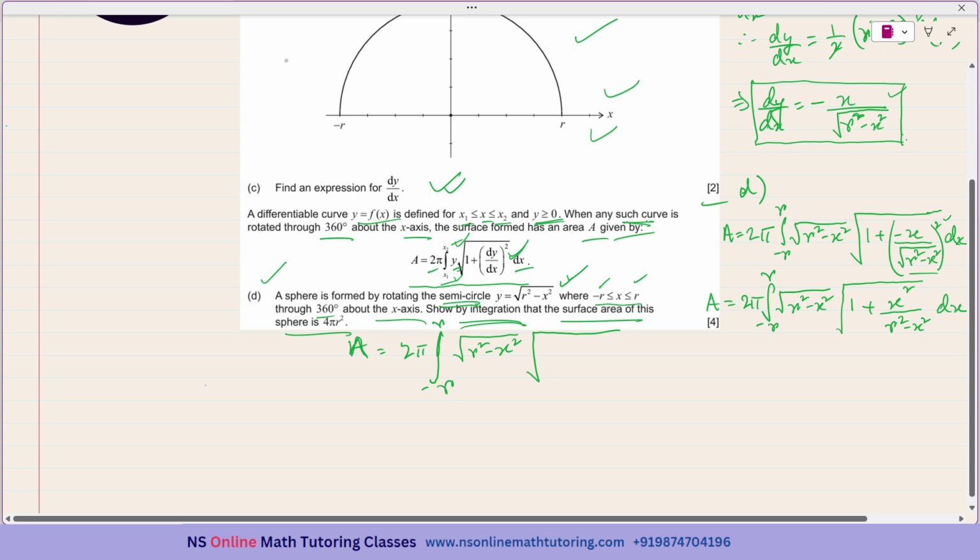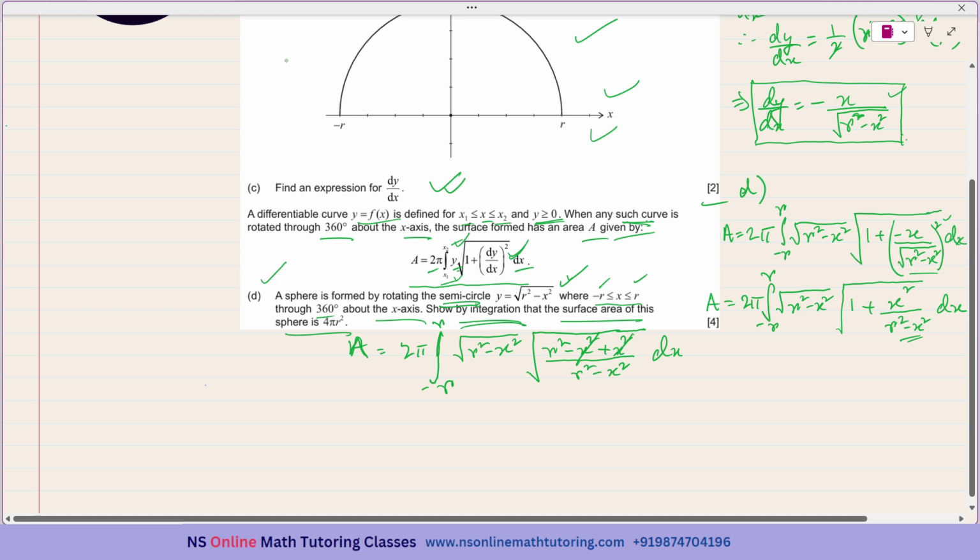It should be this way. So it is r square minus x square plus x square over r square minus x square. I have made the common denominator as r square minus x square, so that I can cancel these two. And dx.